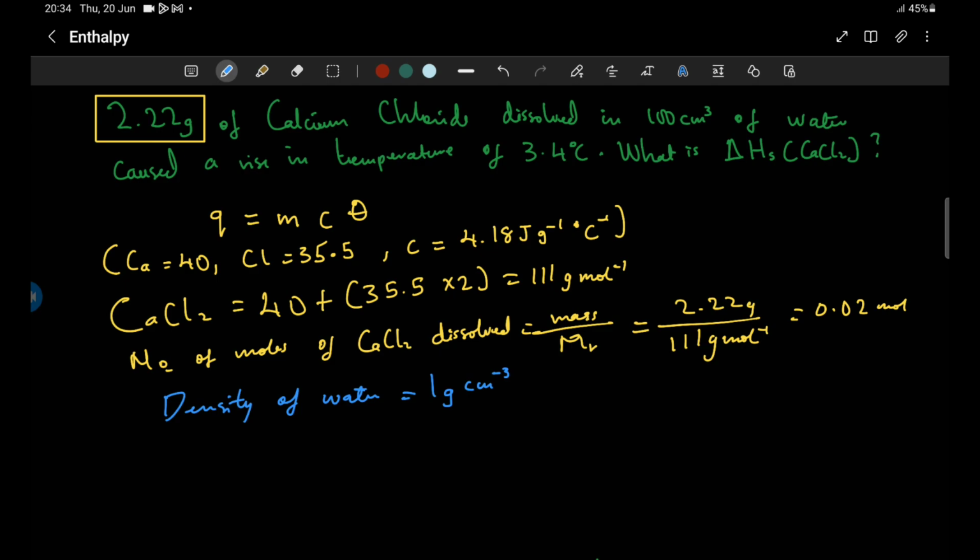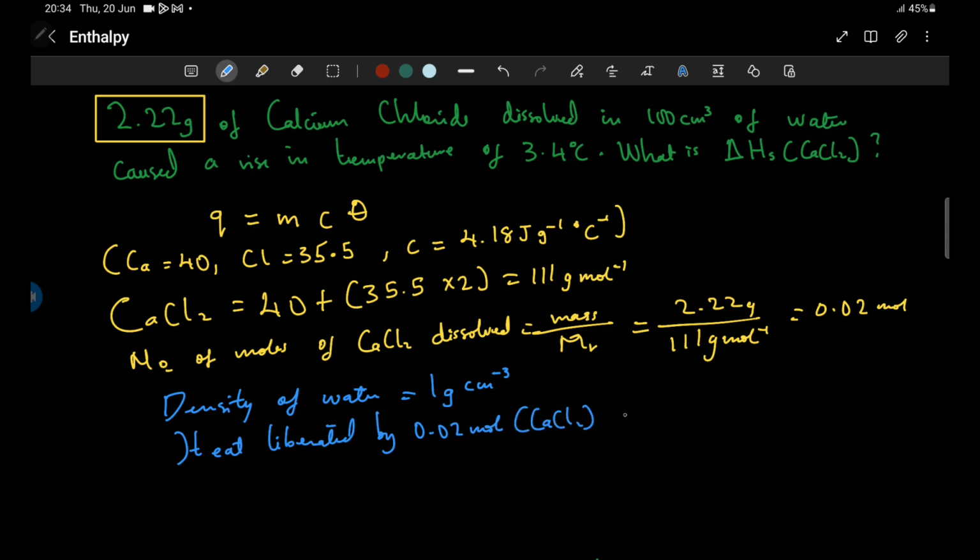So let's get the heat liberated by 0.02 moles of calcium chloride.